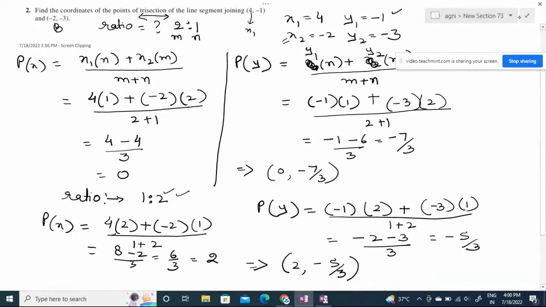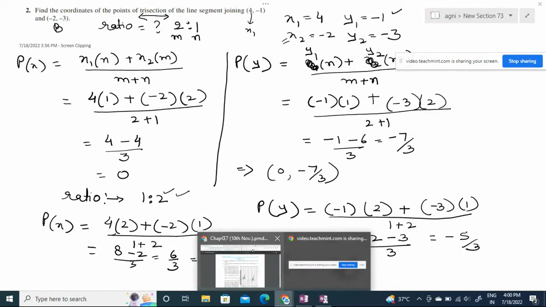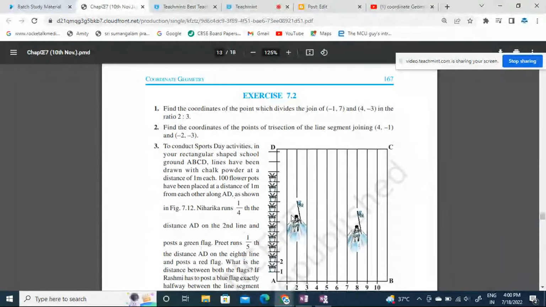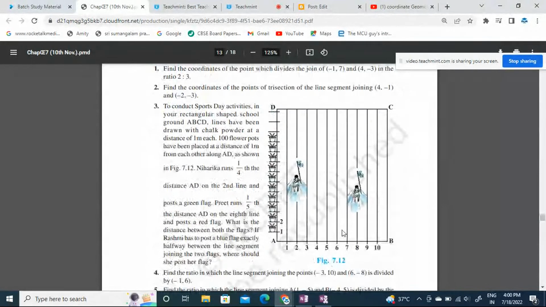I'm shifting to question number 3. It is a little bit long question along with a figure.